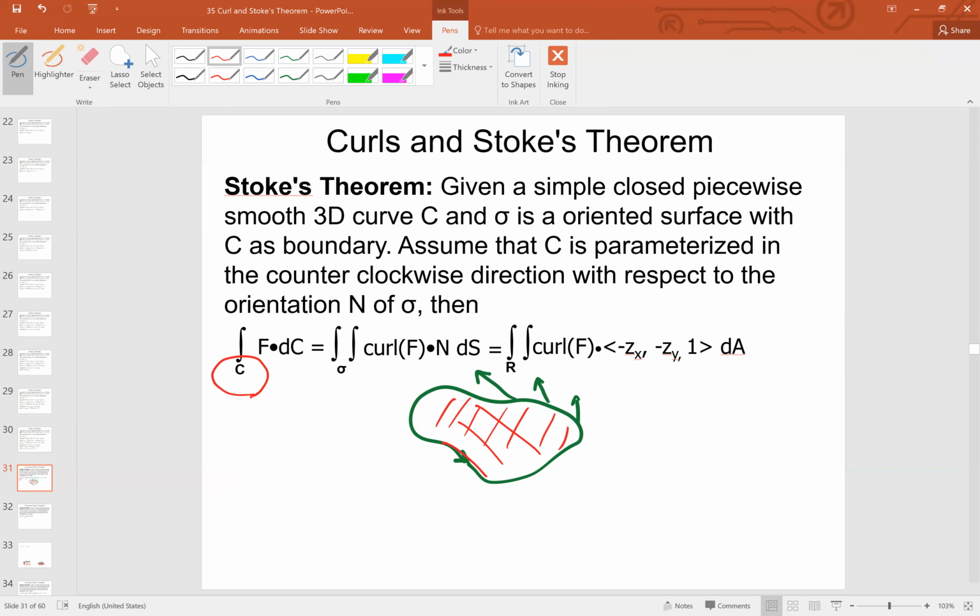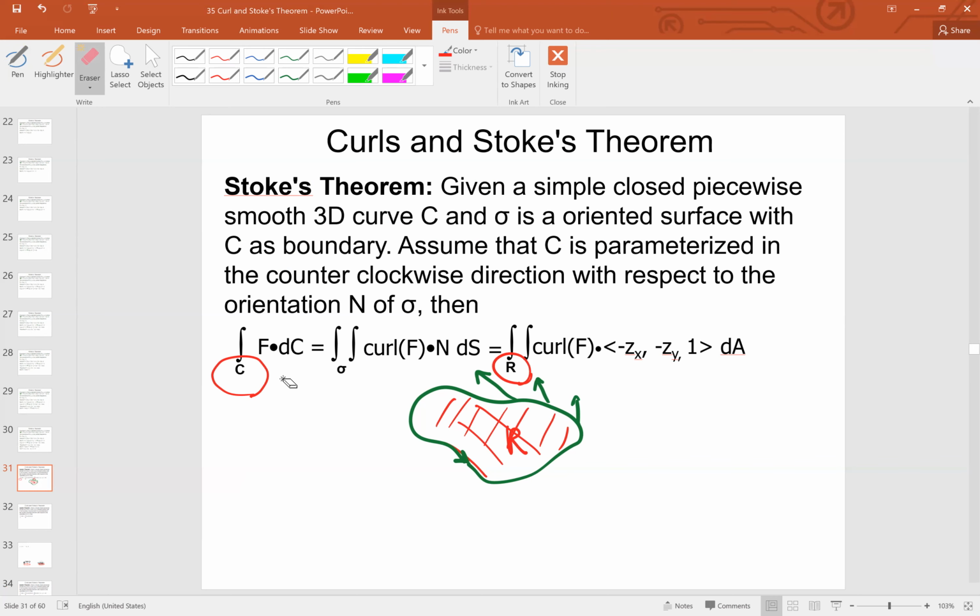So it converts from work around a curve into a region inside it. Then it gives you, of course, the formula you have to use to integrate.